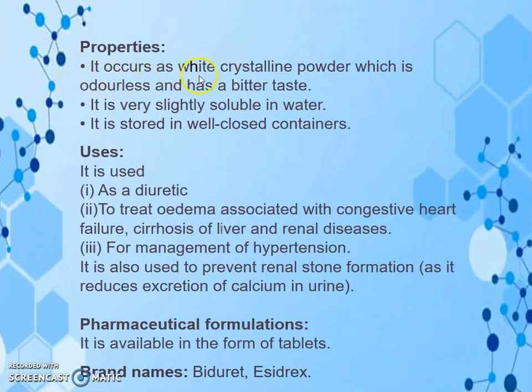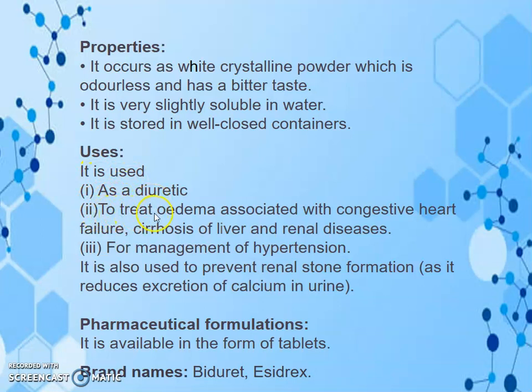Property: it occurs as a white crystalline powder which is odorless and has a bitter taste. It is very slightly soluble in water. Storage condition: it is stored in a well-closed container. Uses: it is used as a diuretic.